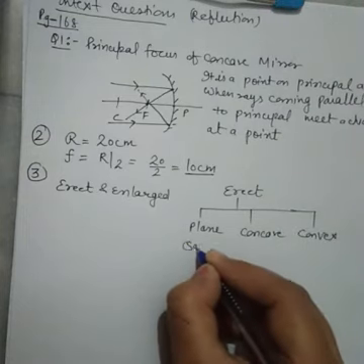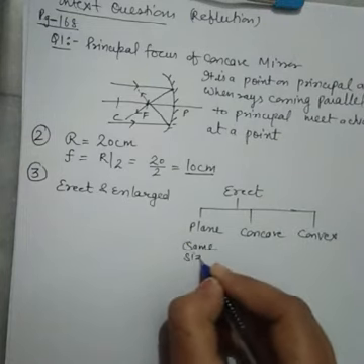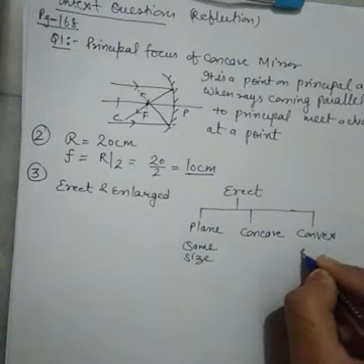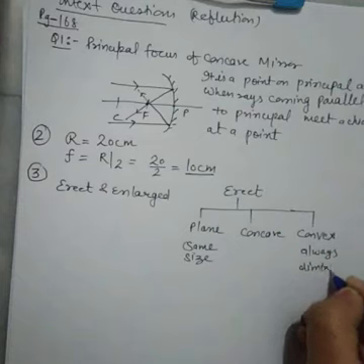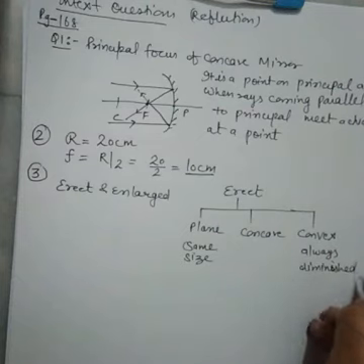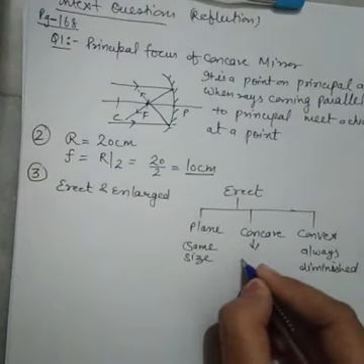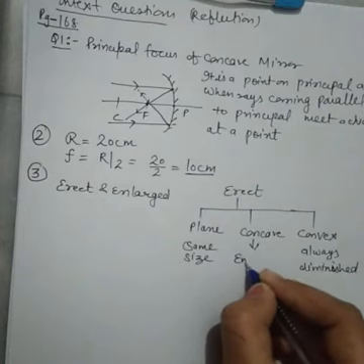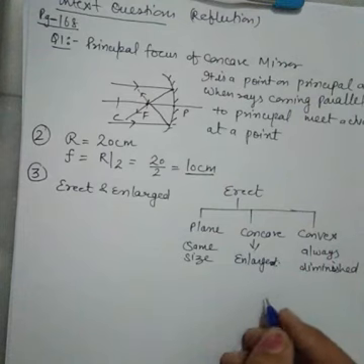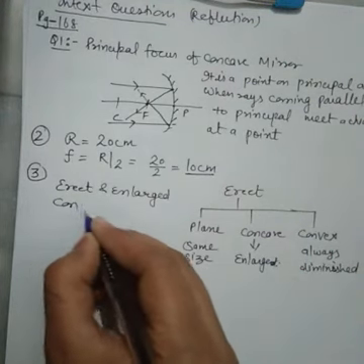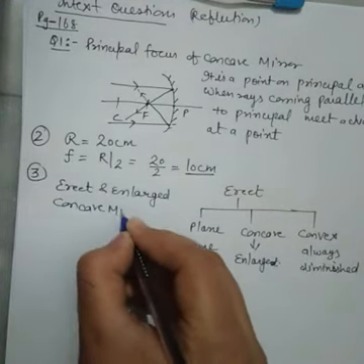But plane mirror gives same size, and convex mirror always gives diminished size. Diminished means small in size. But concave mirror produces an enlarged image, larger than the object. So the answer is concave mirror.